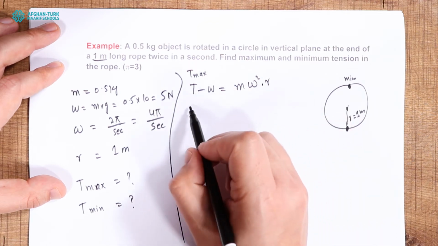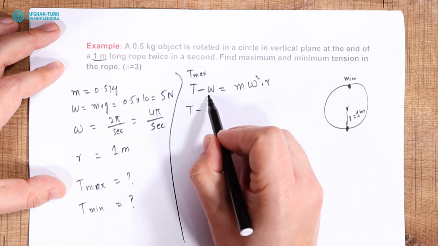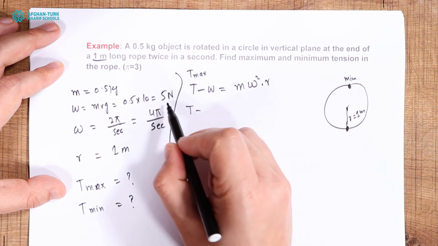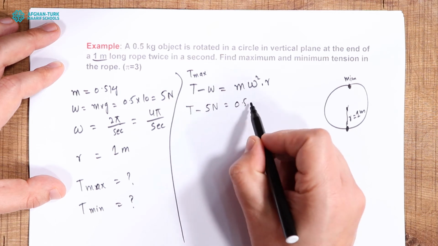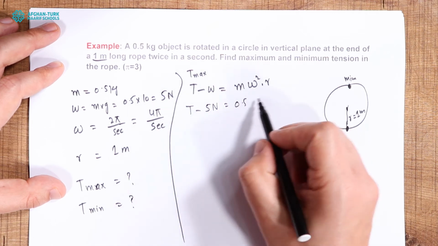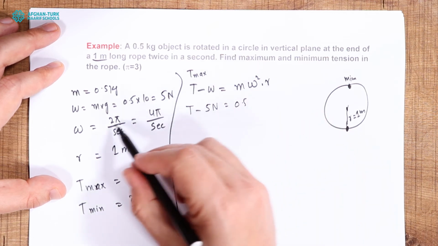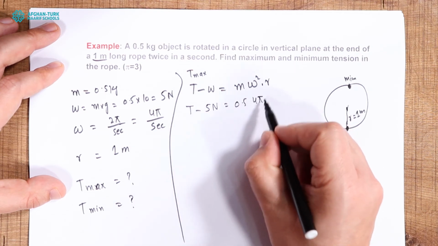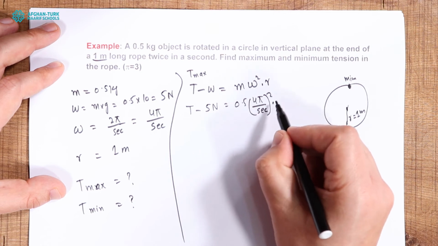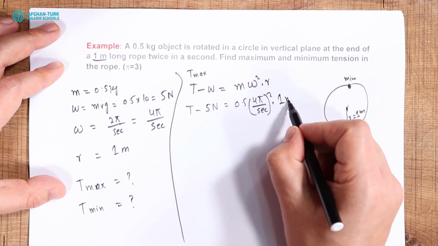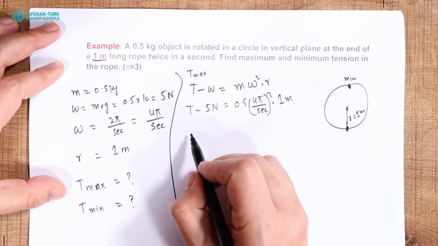Just putting in the values: T minus the weight, which is 5 Newton, is equal to m, which is 0.5, times the omega square, which is 4 pi per second whole square, and r is 1 meter. This is also given in the question.